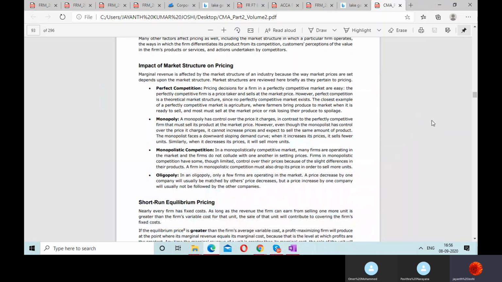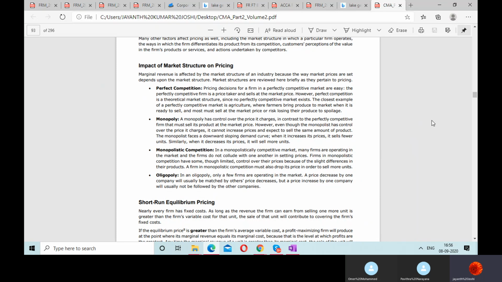Now, the impact of market structure on pricing. We know there are 4 types of market structures: perfect competition, monopoly, monopolistic competition, and oligopoly, and we have already discussed these. Perfect competition is a large number of buyers and sellers in the market.